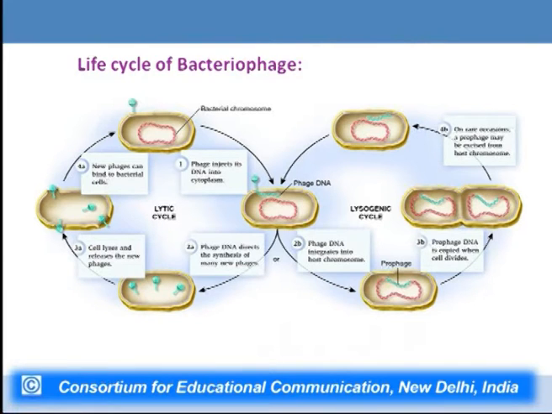But many times it happens that imprecise excision takes place and the DNA of the bacteriophage is taken out along with some of the genes of the host chromosome. This leads to specific transduction or specialized transduction, wherein only specific genes can be carried by the bacteriophage to the bacteria which it is going to infect next. So this is the basic difference in the two types of life cycles of the bacteriophage.